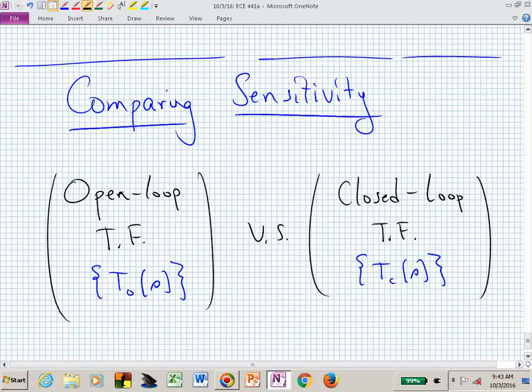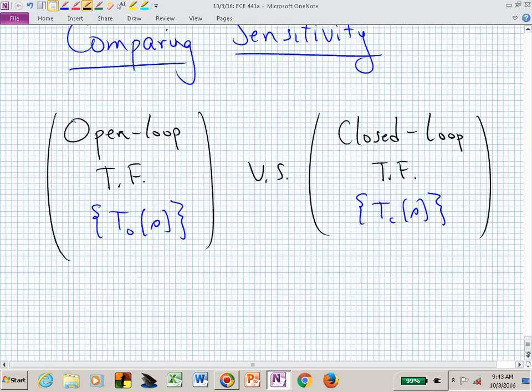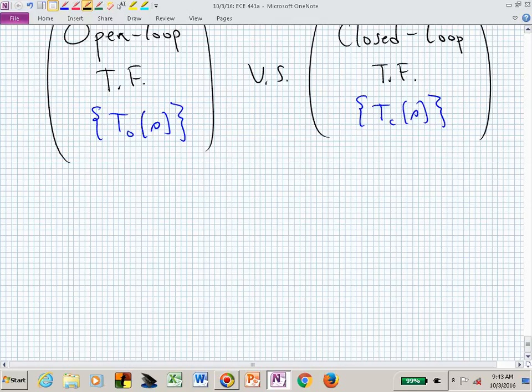And we want to see the sensitivity of an open loop system versus the sensitivity of a closed loop system, and see if there's any difference and why feedback might be helpful in reducing sensitivity.